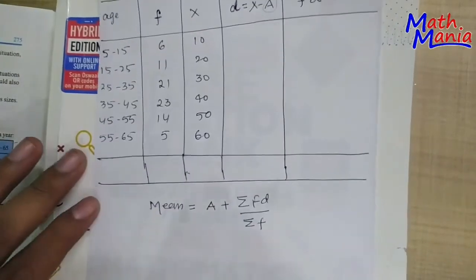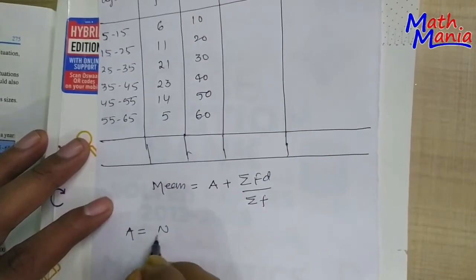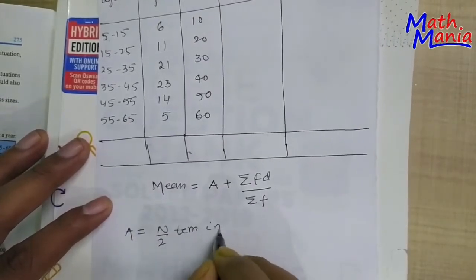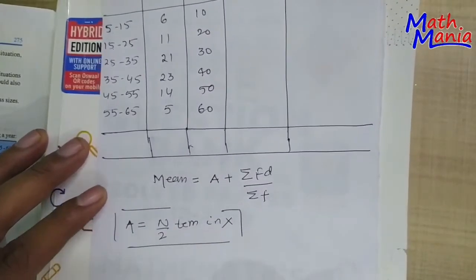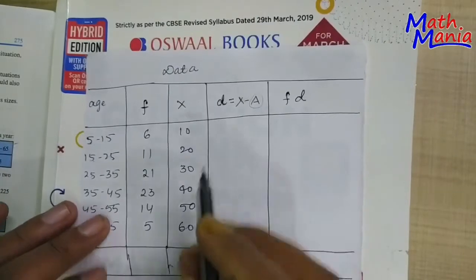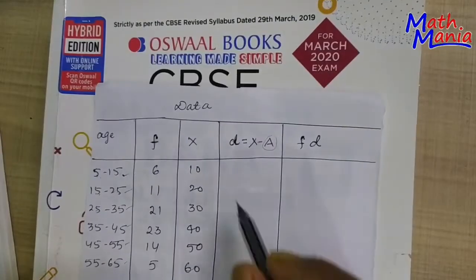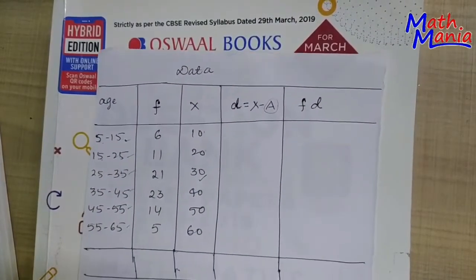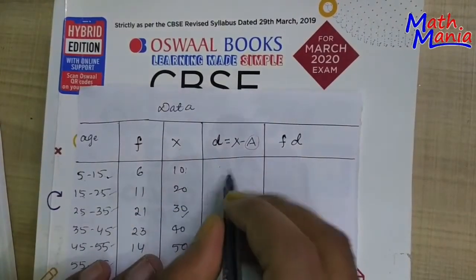Now we need to find the value of d, that is x minus a. For this we have to assume the value of a. You can take any value that lies in the column of x. We take a as 30 in this.